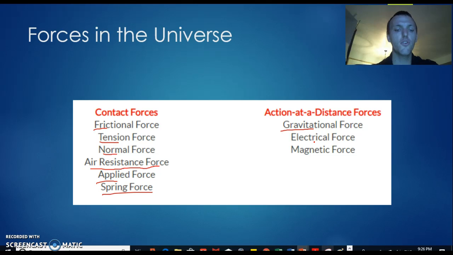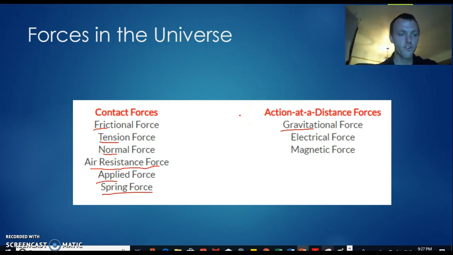If you have 2 positive objects, which are called protons, and you put them close together, they're going to exert a very strong electrical force on each other, trying to push each other away. Magnetic force has to do with atoms or charges also being in one direction. You use a magnet to pick up metal and stuff, so there's an attraction there.